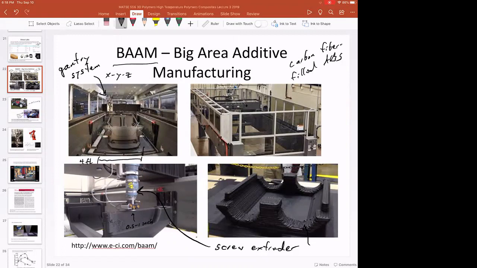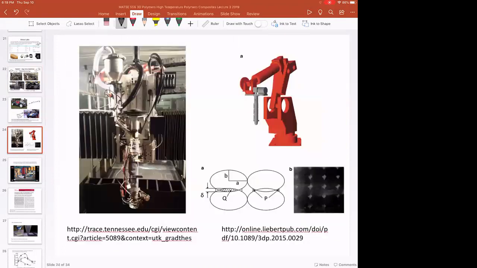A MakerBot is a gantry-like system where it moves in the XY plane and then moves in the Z plane to build up the layers. And you can see that here. With a robot arm like this, this is not confined to just XY plane and Z movement.